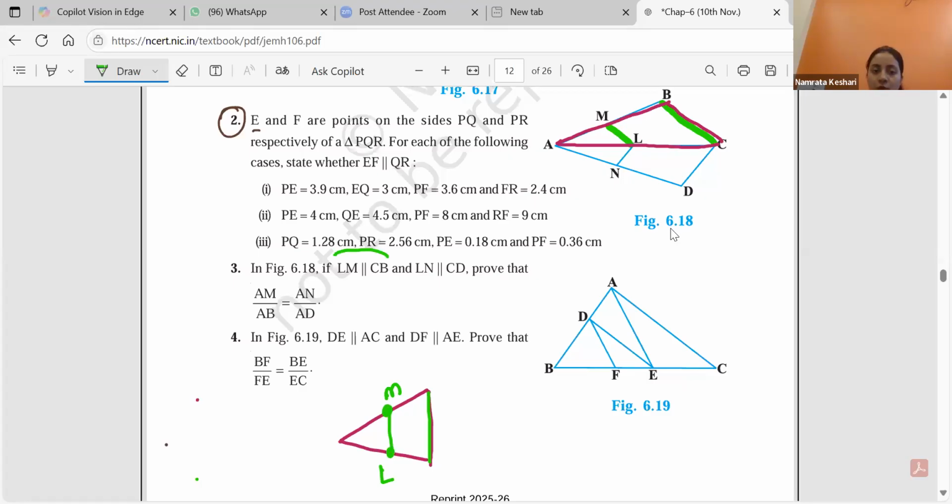So the moment we notice that LM is parallel to CB, we will say that in triangle ABC, LM is parallel to CB. That means we can use the basic proportionality theorem. We can write AL by LC must be equal to AM by MB. Getting it?